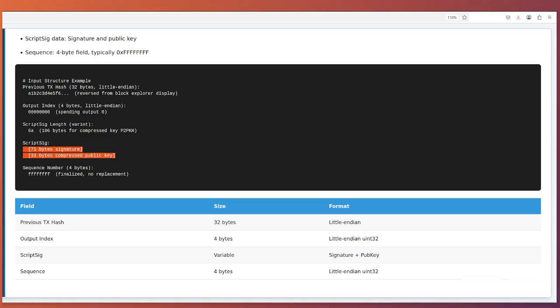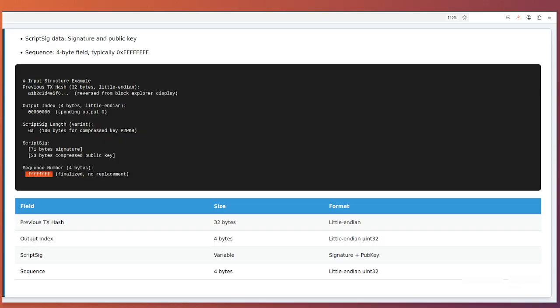Finally, each input concludes with a sequence number, a 4-byte unsigned integer. Originally, this was intended to allow transaction replacement before confirmation, but this functionality was disabled early in Bitcoin's history due to potential security issues. The sequence number was repurposed with BIP68 to enable relative lock time functionality.